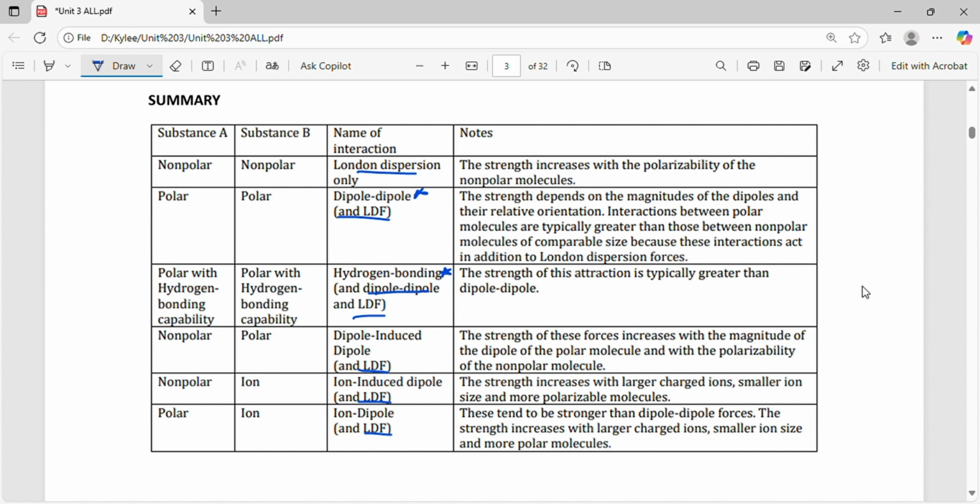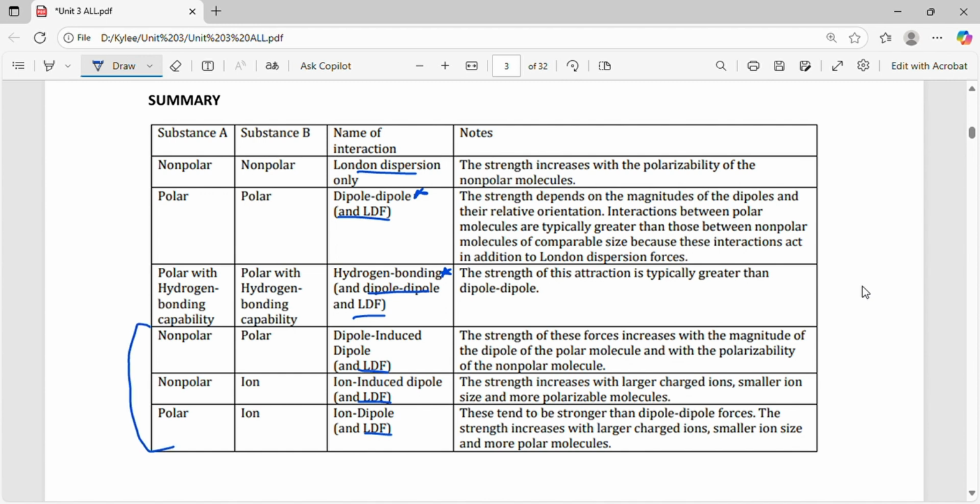One thing that's interesting is if I do have a polar molecule with a nonpolar molecule, the polar molecule can do what's called an induced dipole, which means the polar molecule creates a dipole in the nonpolar one. And then finally we have ion-dipole and ion-induced dipole interactions. These are less common.